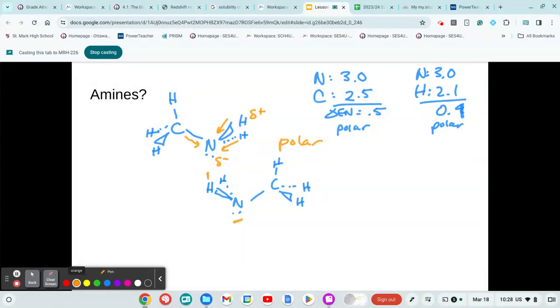The hydrogens are a little bit positive. Are these hydrogens that are a little bit positive attracted to the negatively charged nitrogen? Yeah. So is there a hydrogen bond there? Yeah. So amines, here we see, can be very polar and can have hydrogen bonding.